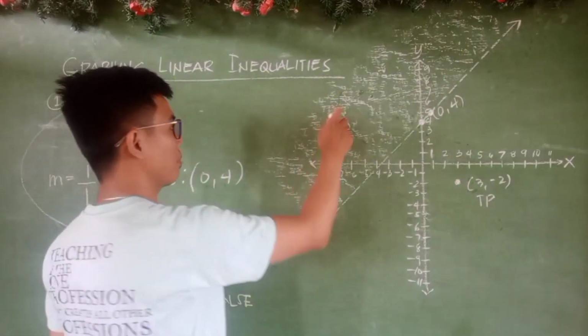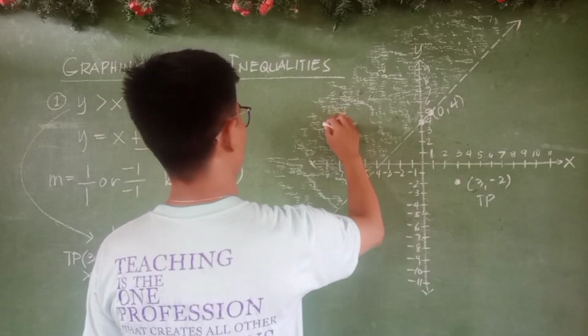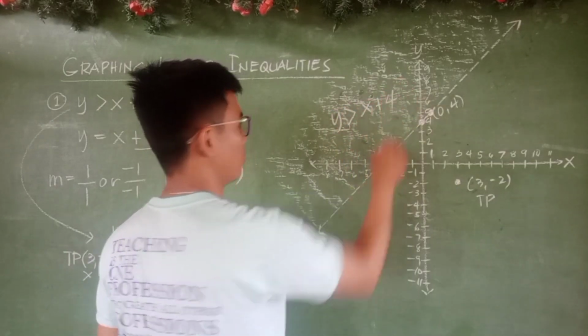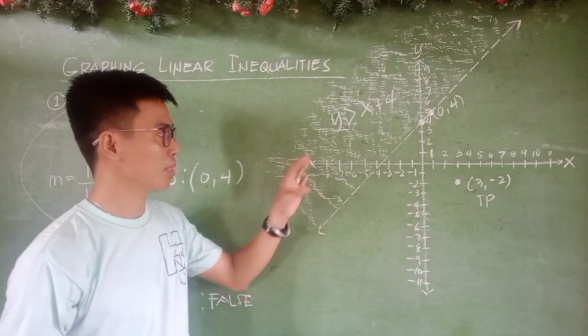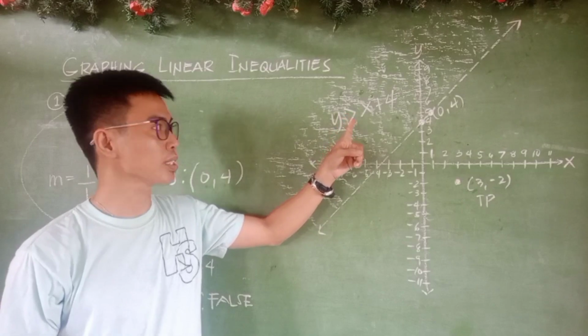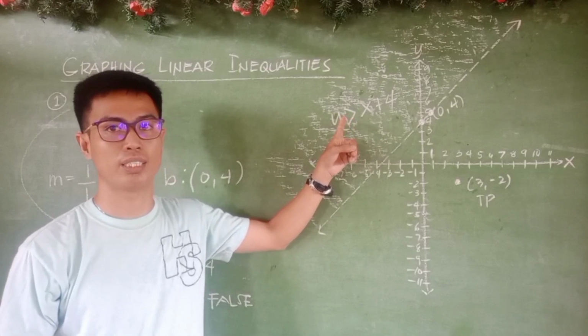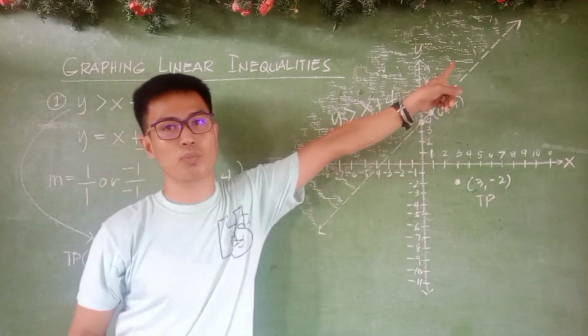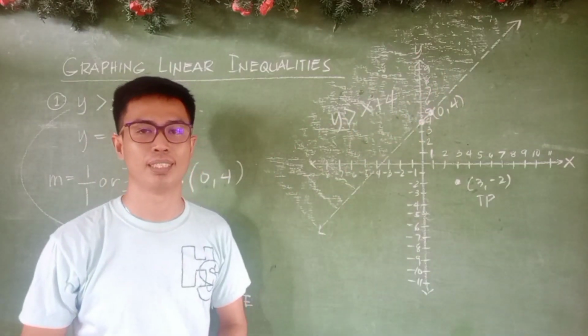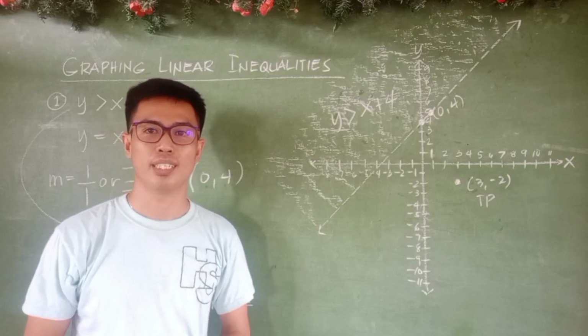So that is the graph of y is greater than x plus 4. So any point na nandito sa shaded region is magiging true yung ating inequalities. Aside from those points na nandun sa line. Kasi nga broken line siya, so hindi siya kasama. And that is for our first example.